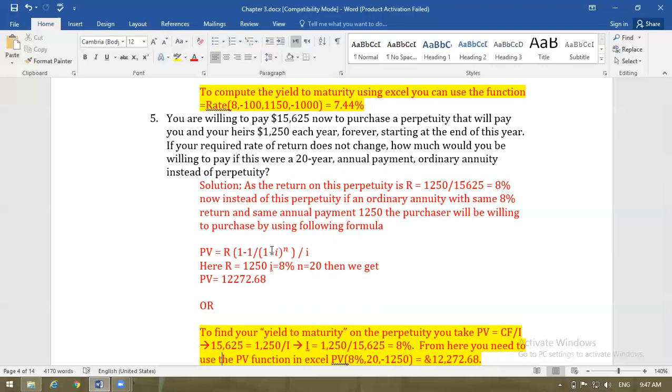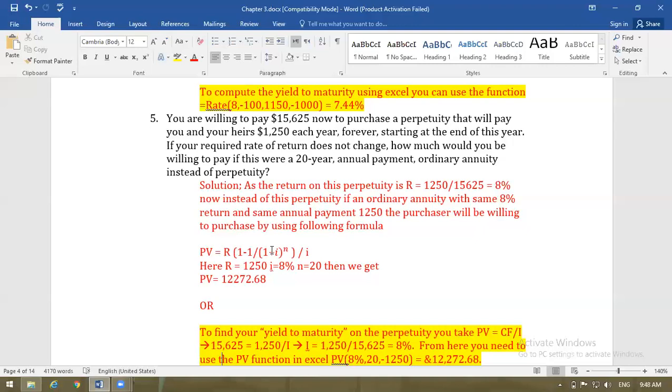In the first part, the question is giving you a suggestion that either you purchase a perpetuity or you purchase an ordinary annuity. So the return on this perpetuity is R is equal to 1250 divided by 15625, which is equal to 8%.